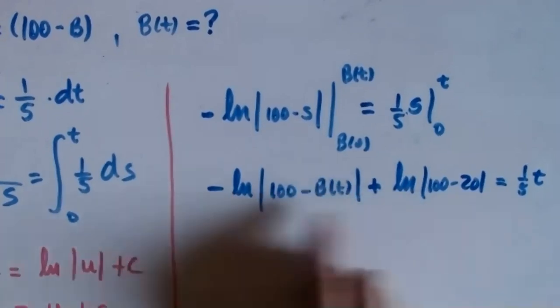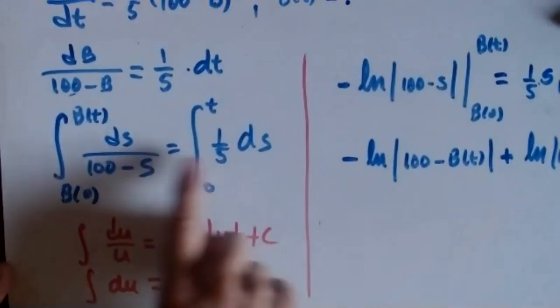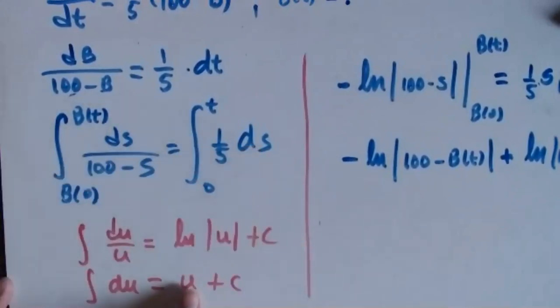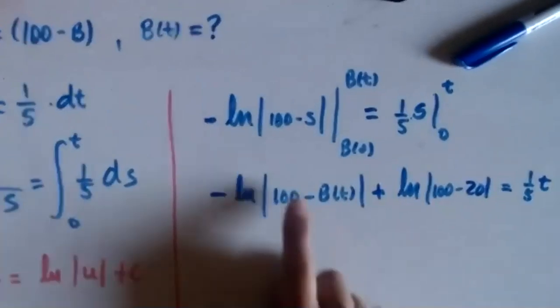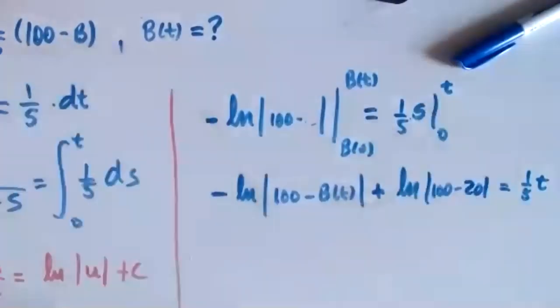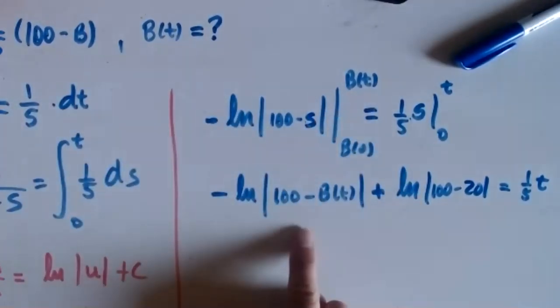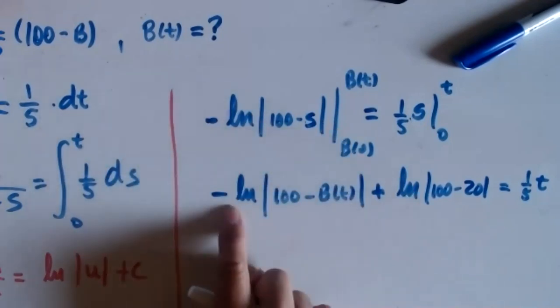Is what you have. So everybody's catching up on this one. I just have to find the antiderivatives of these two. For this is this one, for this is this one. Now it's a definite integral, so I have to evaluate this at the limits of integration, same as this one. So it's ln of s, with b of t here and b of 0 here, but here I have a minus.